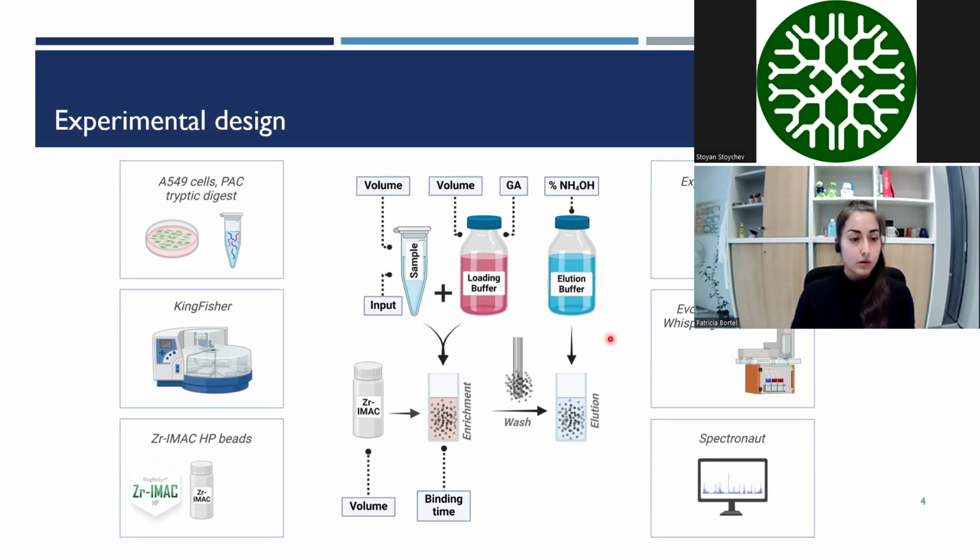And within this workflow, we wanted to evaluate the peptide input in cells, the sample volume, so the concentration of the sample. Then we wanted to check whether the loading buffer volume, as well as the concentration of glycolic acid, plays a role. And then in the enrichment process itself, we wanted to evaluate the binding time as well as the bead volume. And in the very last step of the protocol, we also evaluated the percentage of ammonium hydroxide in the elution buffer.